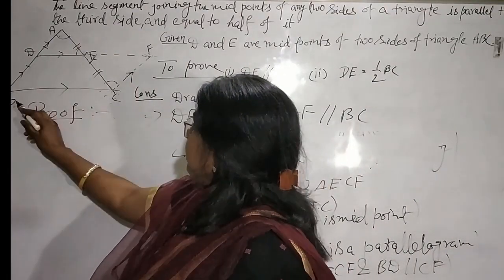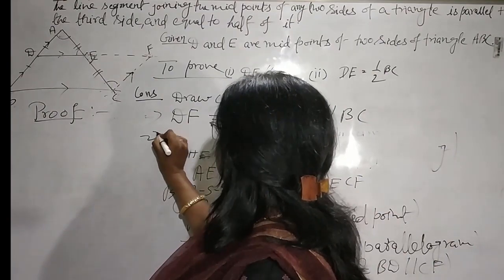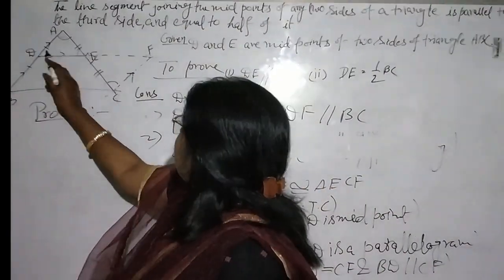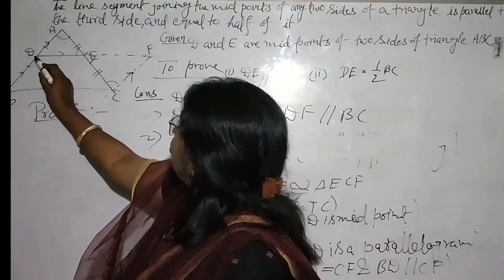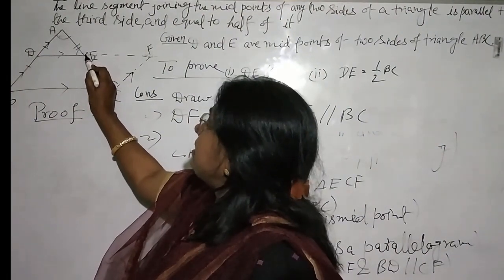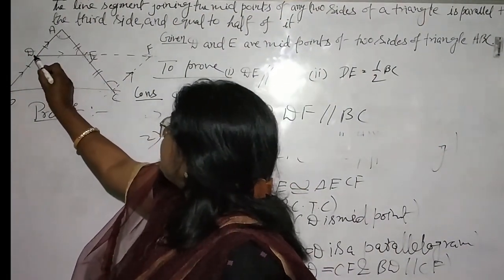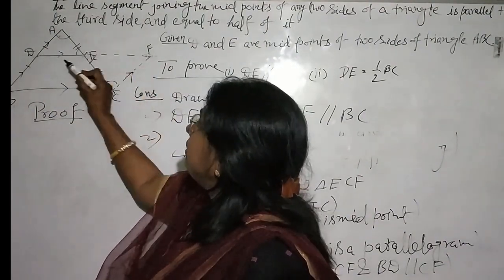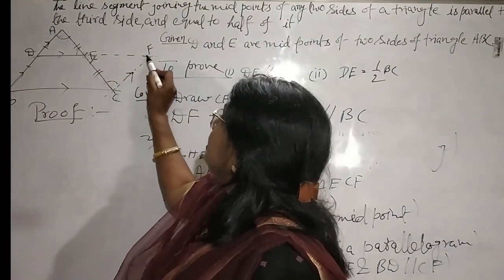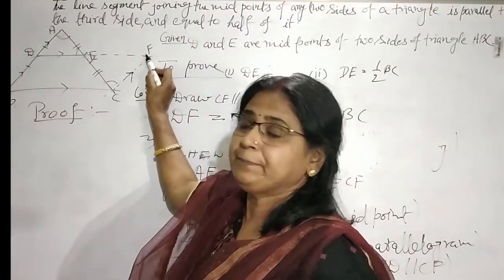E is the midpoint of AC and also the midpoint of DF, because DE is equal to EF by CPCTC.